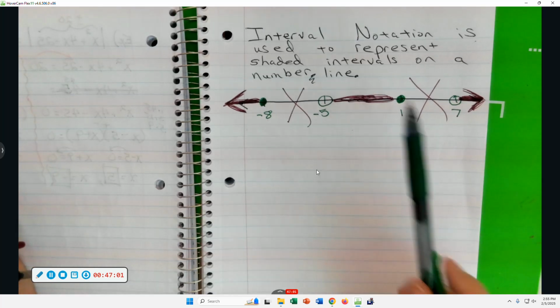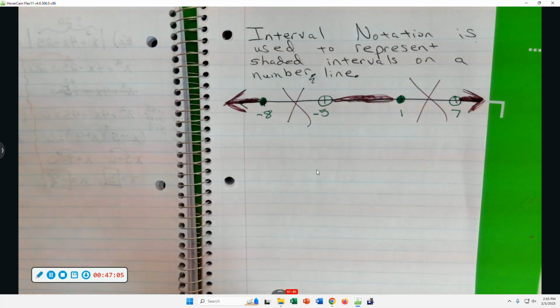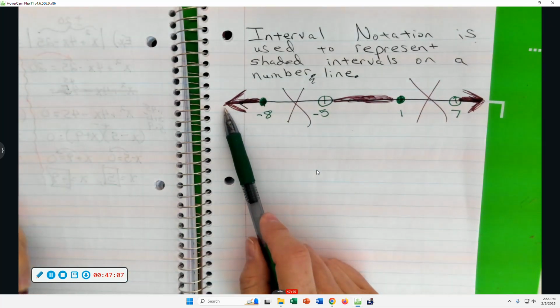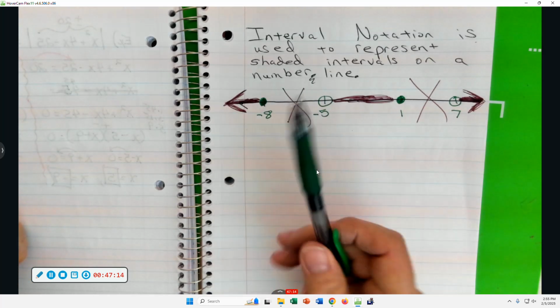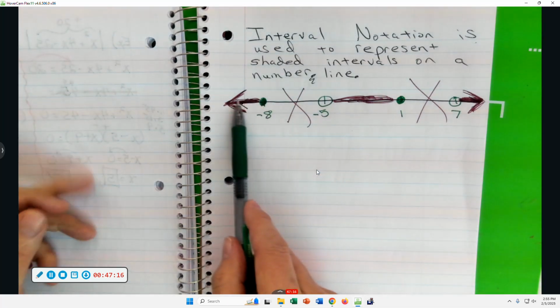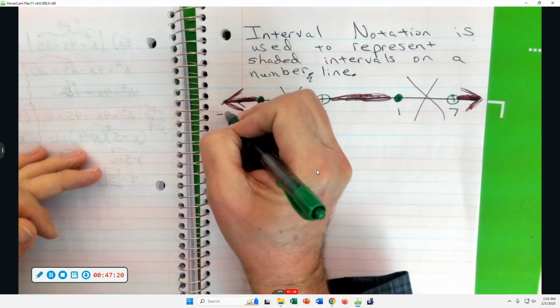Here's what you do. You have to go left to right, small to big. You look at this first interval and you ask yourself, what is the leftmost endpoint? Well, there isn't one. This interval keeps going and going forever to the left. So I'm going to denote that with a negative infinity.